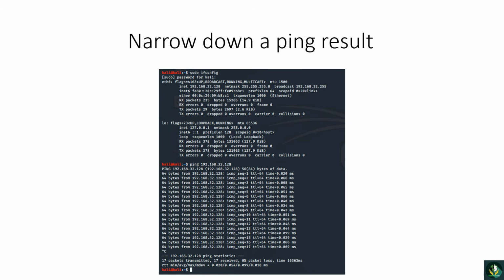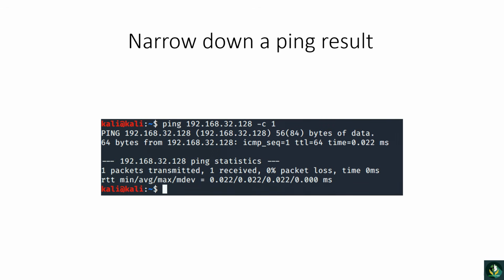Now we need to ping an IP address within our system. So in this picture, as you can see, there is a response from that address, and pressing Ctrl+C will cancel the ongoing response. Another thing we can do is send one packet to see whether it's allowed or not, and we can do this by adding -c 1 behind the ping command.